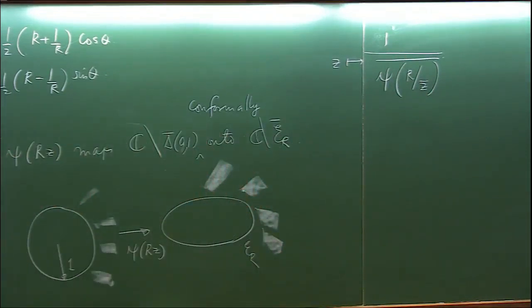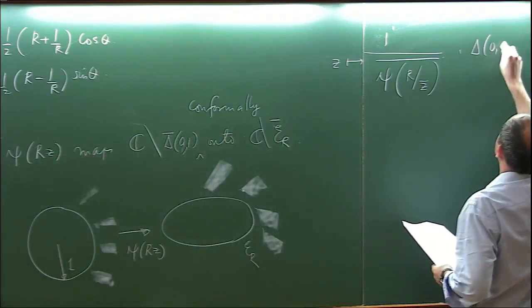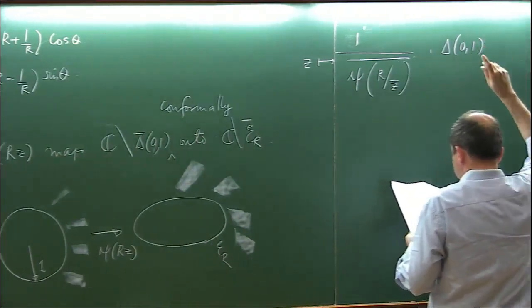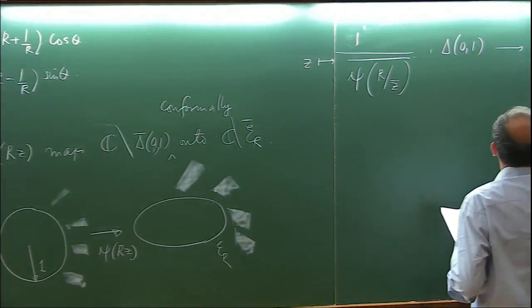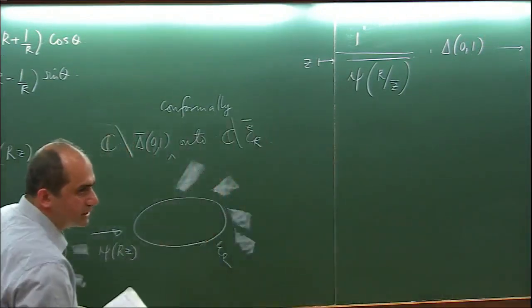Okay. So this is a conformal map from the unit disk onto its image. But then let's identify what the image should potentially be.